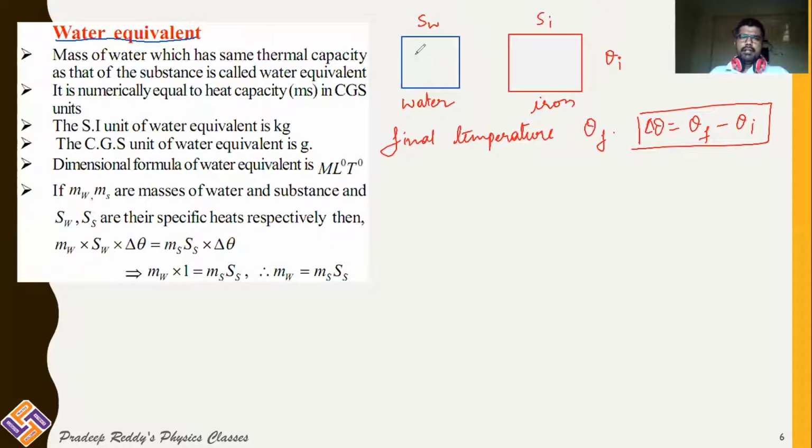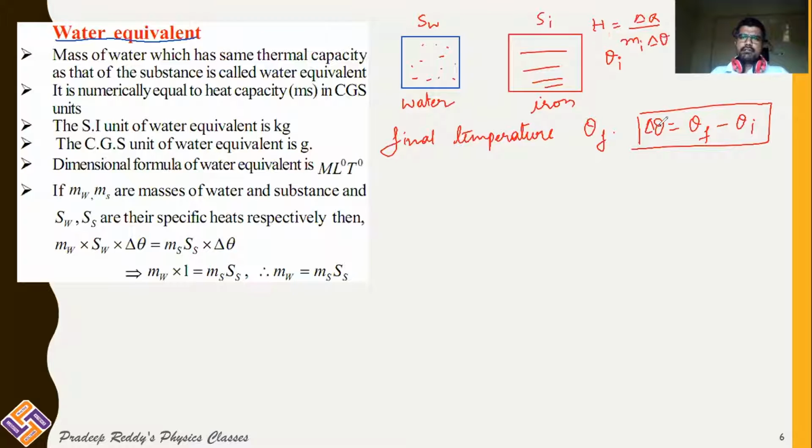Now, in this container there is some water, and in this container you have iron. This iron has some heat capacity. I can simply write the heat capacity of iron H is equal to delta Q divided by mass of iron into delta theta.